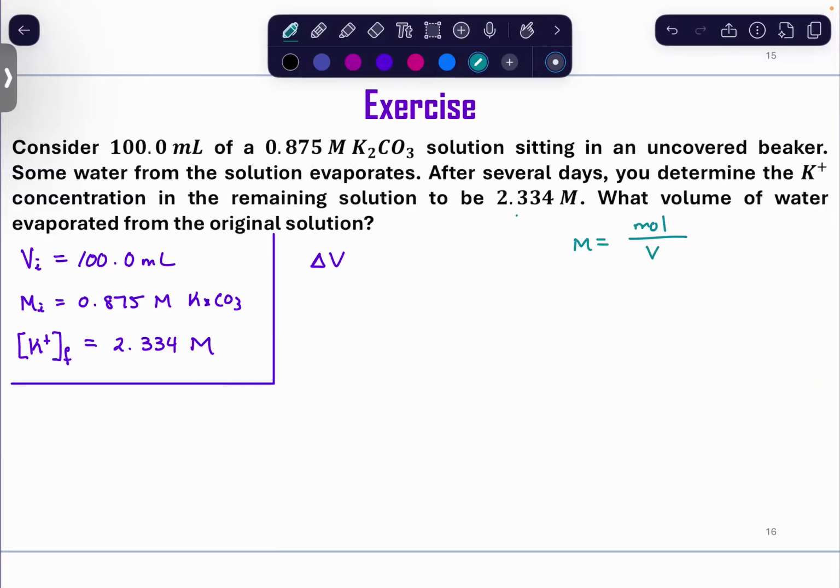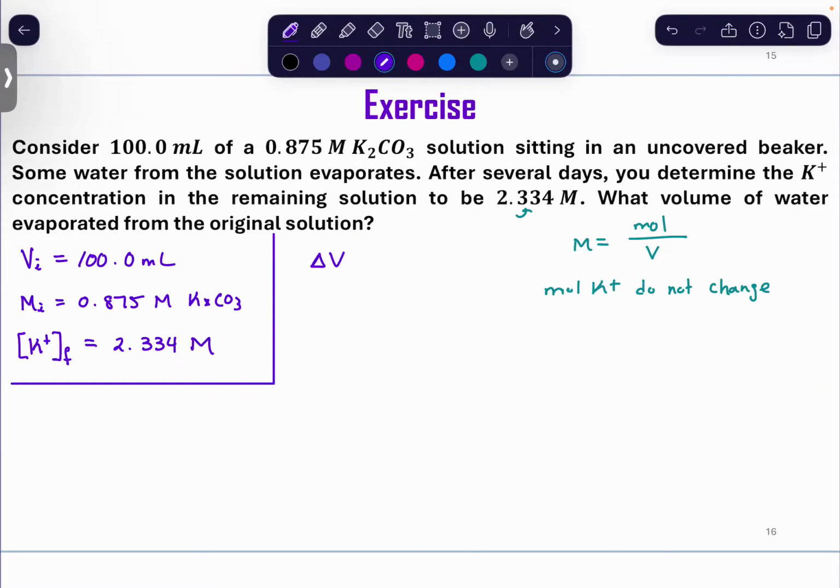As we notice, this concentration changed, and we know for a fact that your moles of potassium ions are not going to change. So what has to change is the volume of the solvent, so the water.